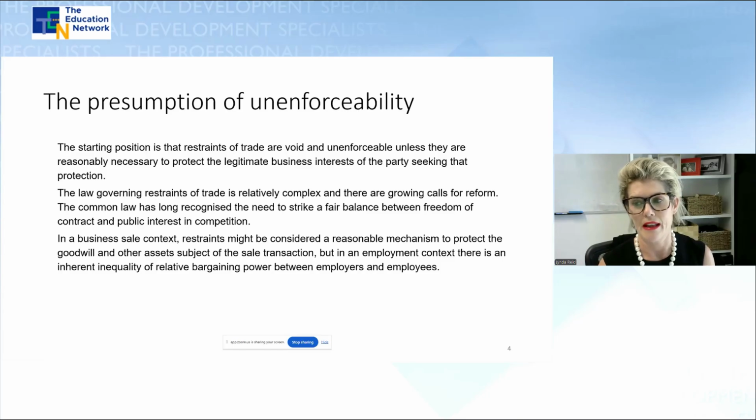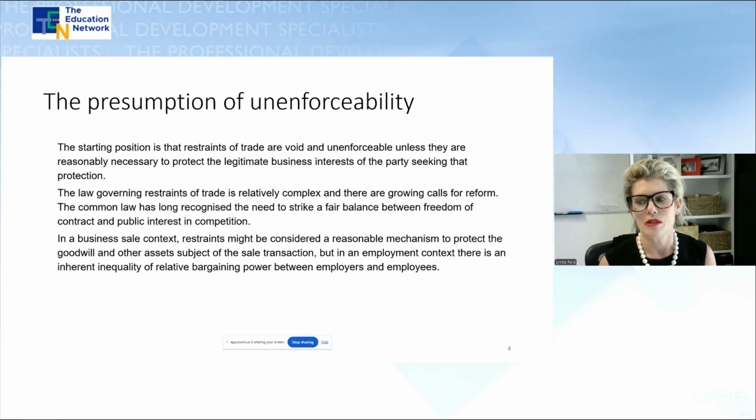So looking at that protection of goodwill, and we'll talk about goodwill a little bit later, that is the subject of the sale transaction and that has value attached to it in a business sale transaction or another type of transaction.